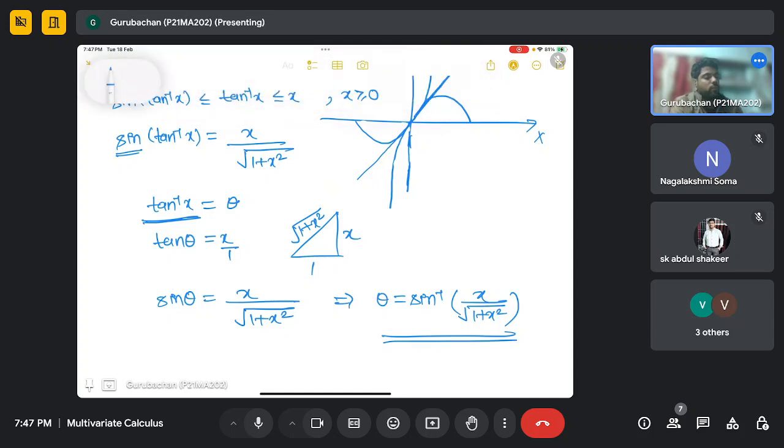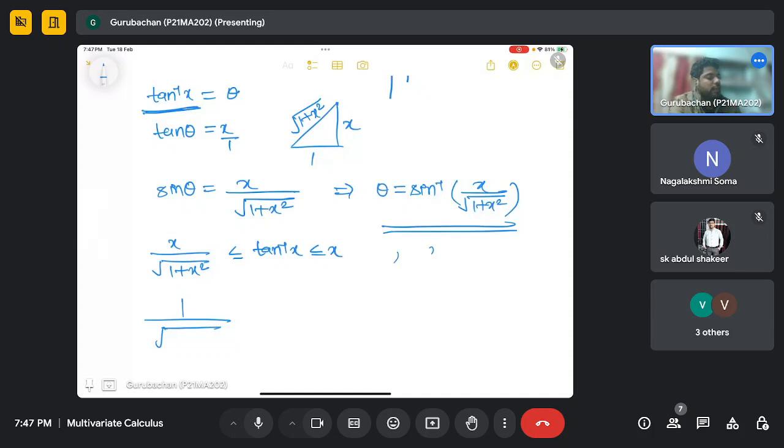So you can put this in the inequality and you will get x by under root 1 plus x square less than or equal to tan inverse x less than or equal to x. Now from here, since x is greater than 0, under root 1 plus x square inverse is less than or equal to tan inverse x divided by x less than or equal to 1.